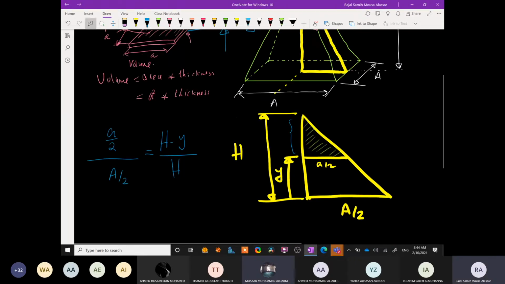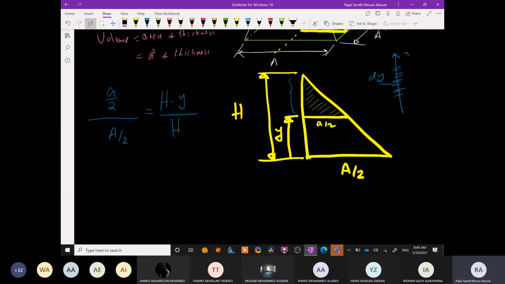Yes, exactly dy, because I'm going into y. So this is the y direction. Anytime that I cut small pieces here, they are all what, Ashalam? dy. They are all dy's. Okay, so now I can solve for this a, yes? So now this 2 is going to cancel. So a is actually going to be what? Capital A over h multiplied by h minus y. You agree with that?